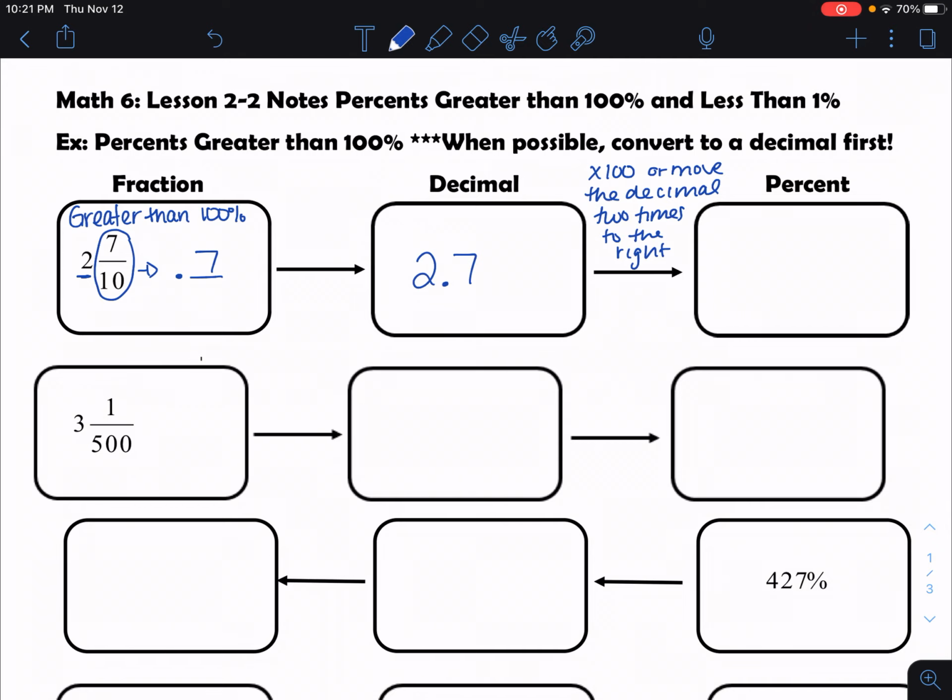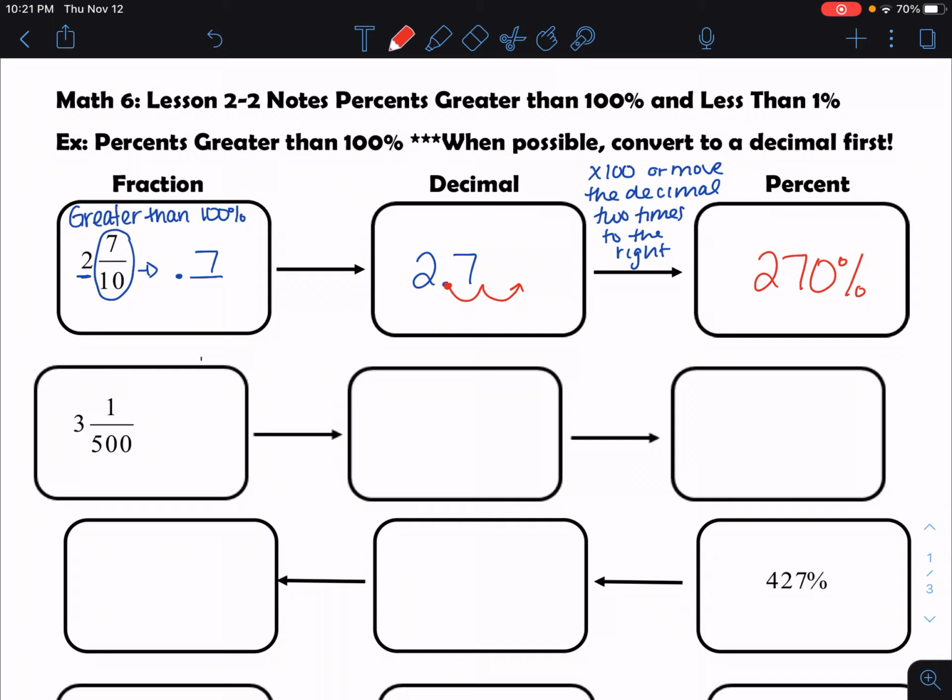So I'm going to take this decimal and move it 2 times to the right. 1, 2. This becomes 270%. So I'm combining all of the things that we've done over the last 3 days and now using them with a percent that's greater than 100% or less than 1%.